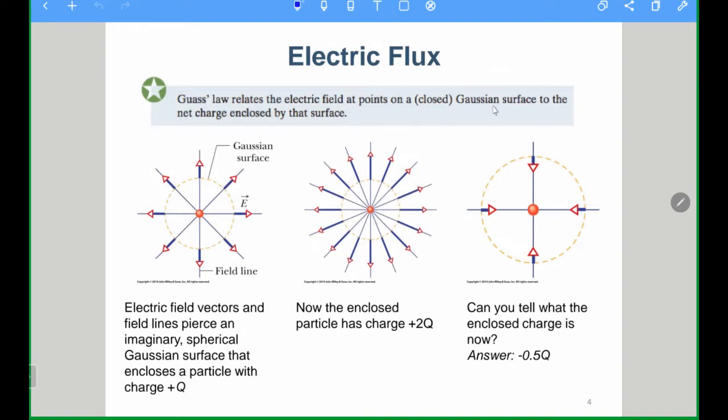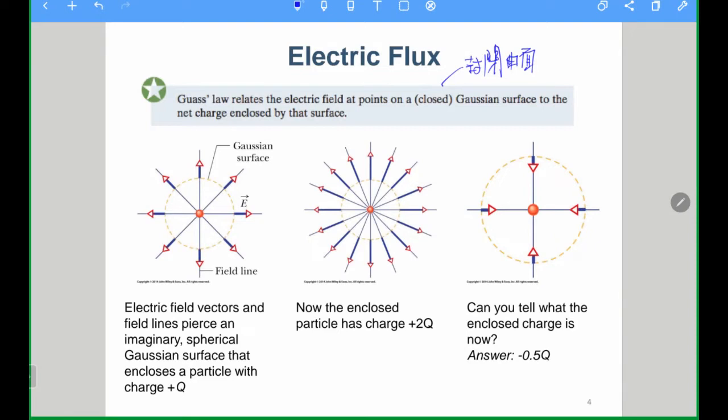So actually, a Gaussian surface is a closed surface, which means 封闭曲面, closed surface. Which means that you cannot find a hole in the surface.